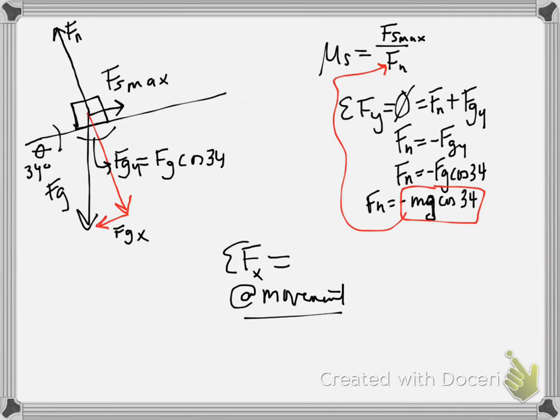At the moment when the object starts to move, the applied force must be equal to what? Maximum force of static friction max. So at the moment when it breaks loose and you feel it start to move, that is the moment where the applied force has become equal to the maximum possible force of static friction. It's this instant in time. So we're not even going to say that this is equilibrium, but we know that at that moment, Fs max equals F of gx.